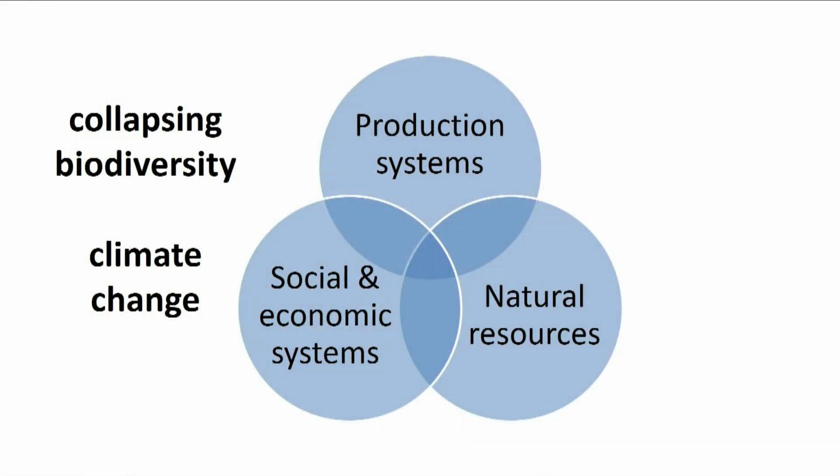But there are elements which, to my mind, are critical for us as a journal to be aware of. One of them is the collapsing biodiversity, which cannot possibly not have consequences for global food security. I'm also thinking in terms of climate change, which is not an aspect traditionally covered by food security as a journal, even though there have been a lot of articles and publications on the topic.